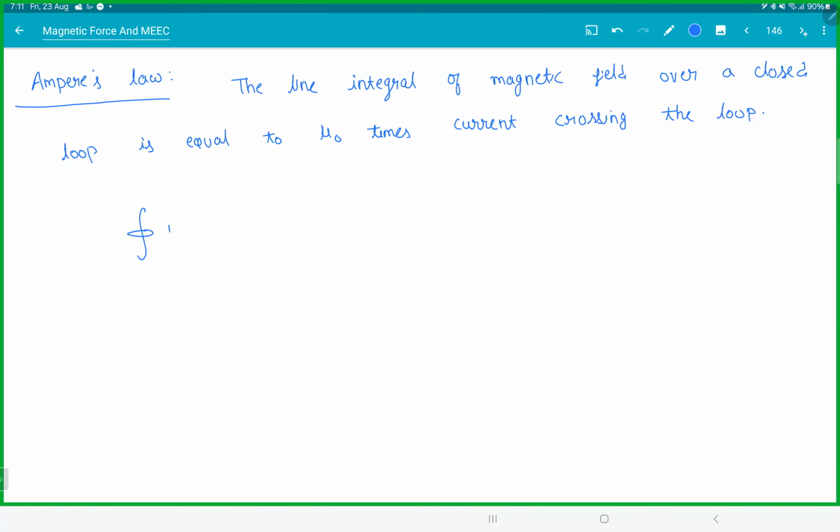It's a line integral, which gives you vibes of Gauss's law, a similar thing, mu naught I crossing. That means if you take any loop here, this current is producing a magnetic field here.